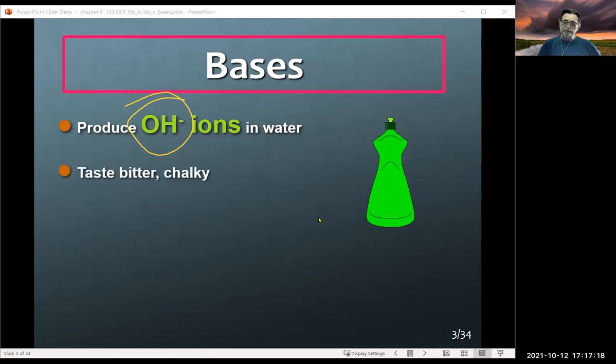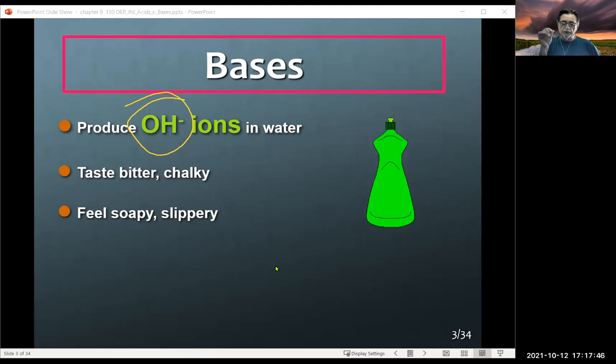I wouldn't taste them, but if you wanted to, they're bitter, and the solids are kind of chalky. They feel soapy in your fingers, and the reason is that they actually are denaturing your tissue. The sodium hydroxide. If you have liquid Drano, for example, at home, and you got that in your hand, it feels slimy.